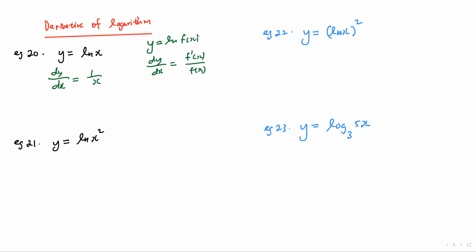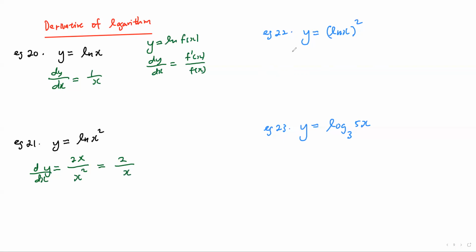That means we differentiate f(x) and then we divide by f(x). So for ln x, f(x) is x here. If you differentiate x, you get 1, so it's 1 over x. Similarly for this, f(x) is x squared. If you differentiate x squared, you get 2x over x squared. You can simplify that to 2 over x.